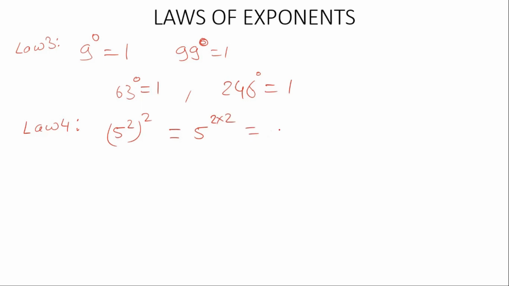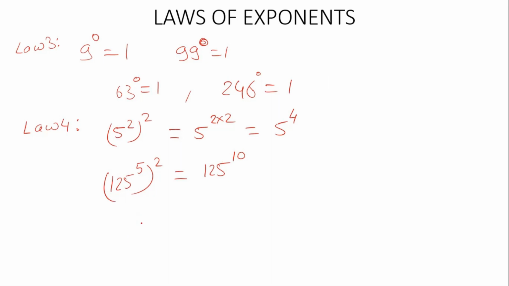So we can write it as 5 to the power 4. One more example, suppose 125 to the power 5 whole to the power 2. What will happen? The powers will get multiplied. So 5 to the 10.